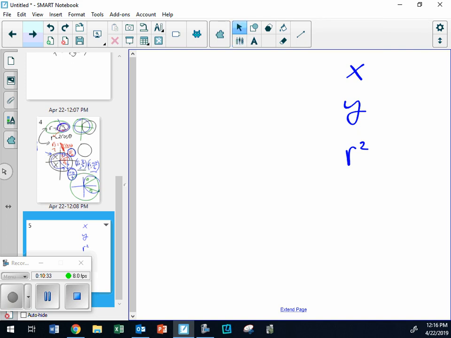Okay, random person. It's row 1, person 1. That's you. What's x? You talked to your partner about it yet? I would recommend it. I'm going to call on somebody else while you guys talk about what x is and what y is. Okay, this is row 4, person 2. How about you? Do you know what x is? You're warm.